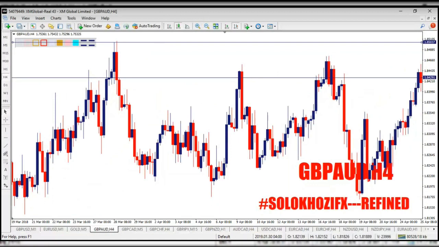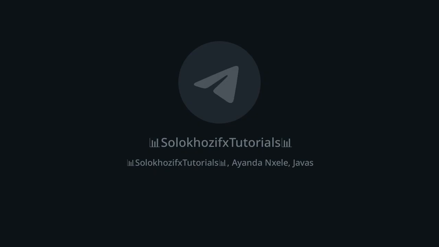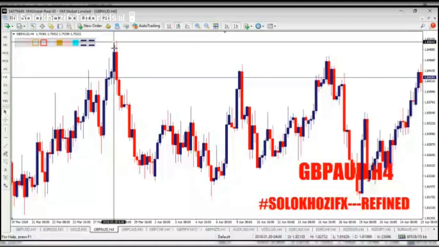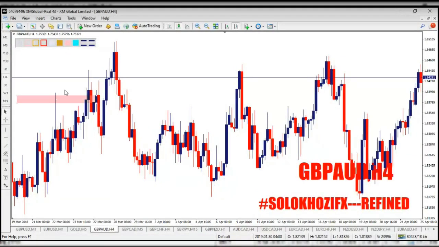So regarding this one, I wouldn't really recommend it, because you can see that these are almost equivalent. You need to see a proper difference between the wicks. You see, these are almost equivalent. So I wouldn't recommend that you go for this type of Persian engulfing.